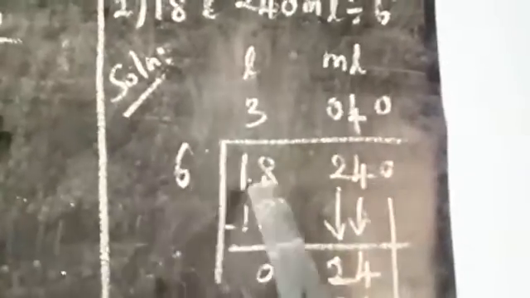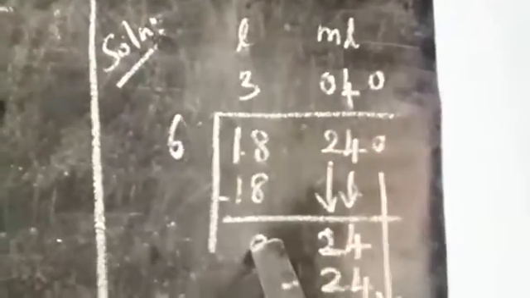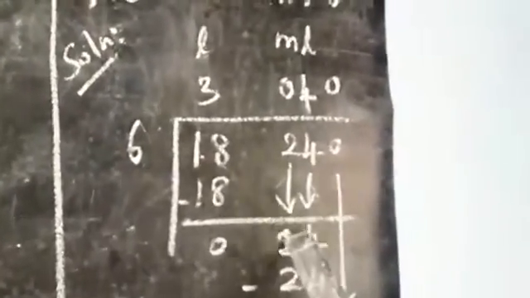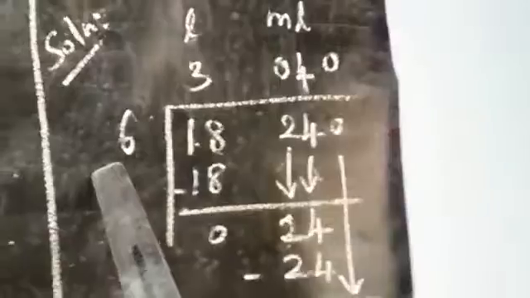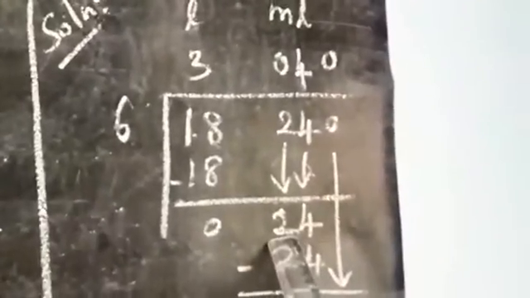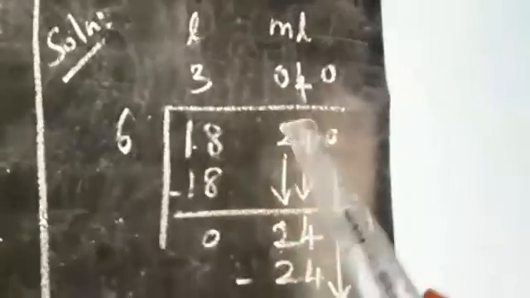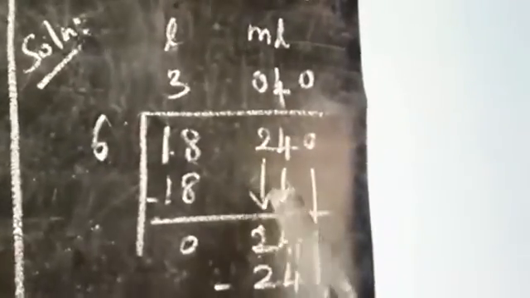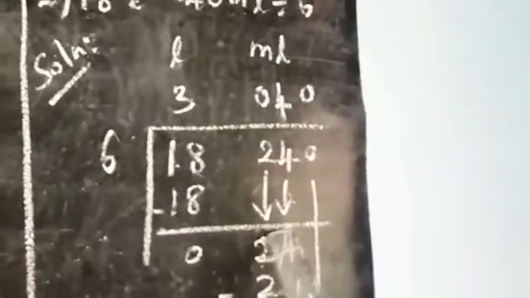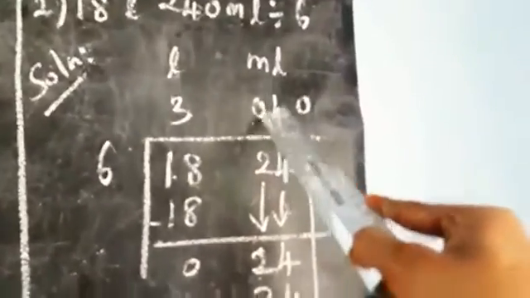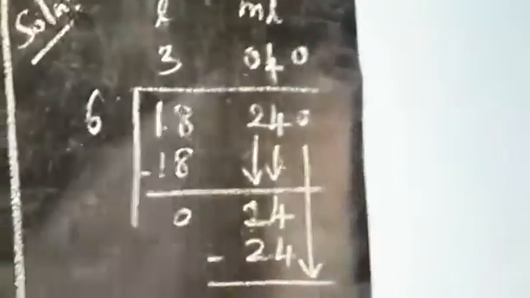3 6s are 18. Now we can subtract. Yes, comes to 0. Now bring down the 2. Here 2 comes, here 6. So here 2 is the smaller number and 6 is the bigger number, so we cannot divide. So bring down another digit also, 4. First you put a 0 in quotient. Then how many 6s are 24?